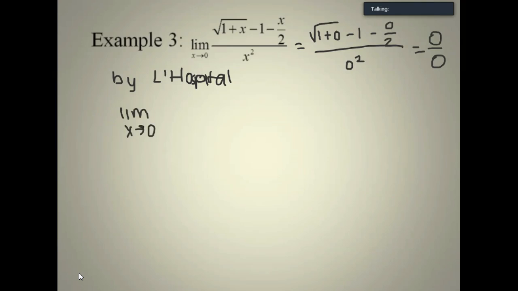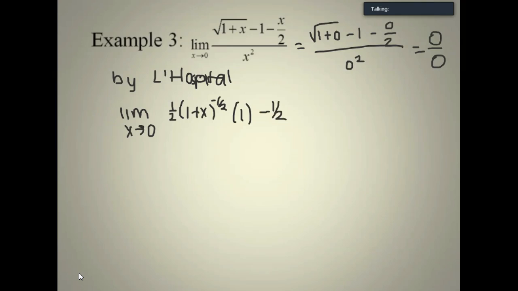Derivative of the square root of 1 plus x is 1/2 times 1 plus x to the negative 1/2. Derivative of the inside in this case is 1. Derivative of 1 is 0. Derivative of negative 1/2 x is negative 1/2.